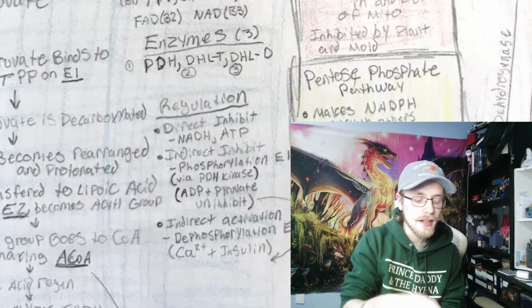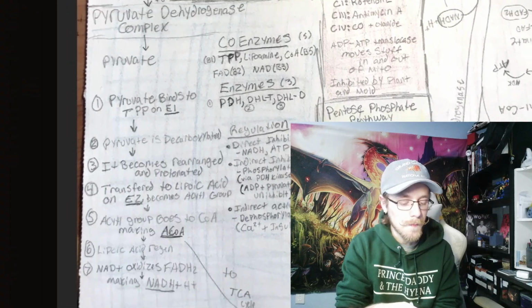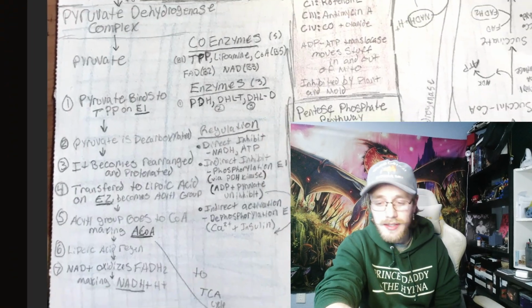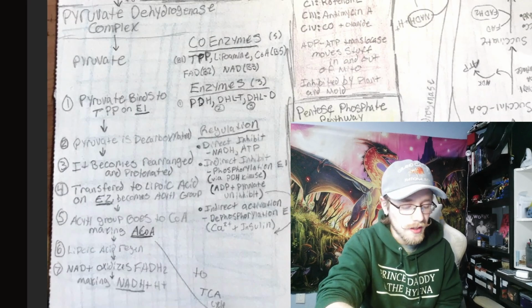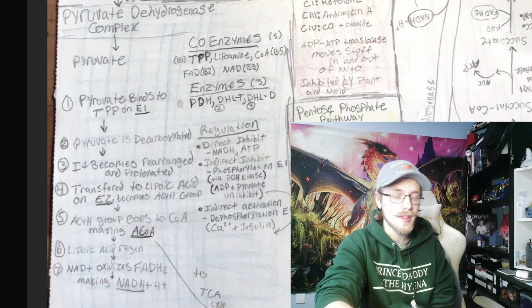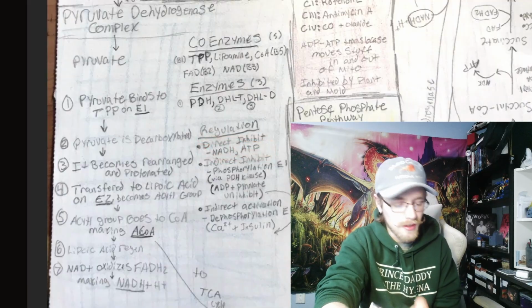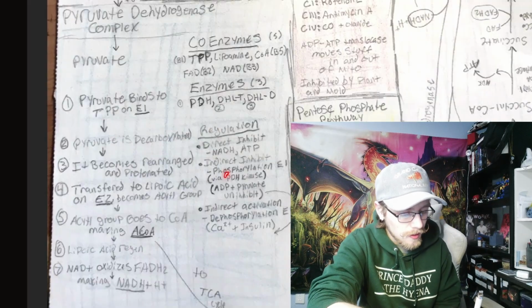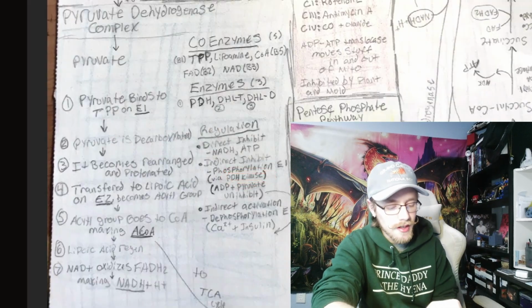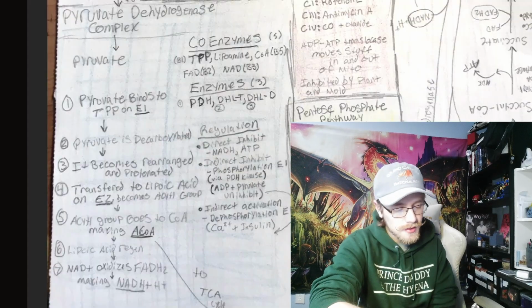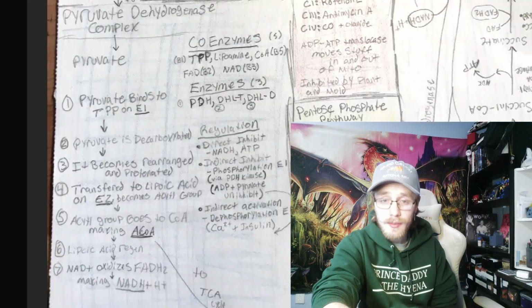There are some things that can inhibit or activate this, right? Like if we're at rest and we have a lot of ATP lying around and we don't really need to make any more, that can inhibit it. Same with NADH, because why would we use this if we have a bunch lying around, right? That makes sense. It can also be inhibited by PDH kinase, which is another enzyme. If it phosphorylates the E1 enzyme, then it becomes inhibited as well.